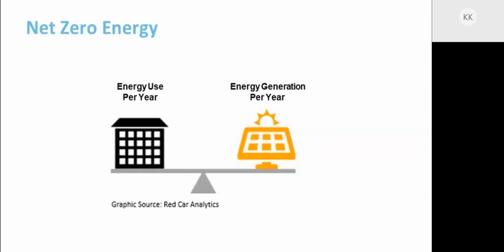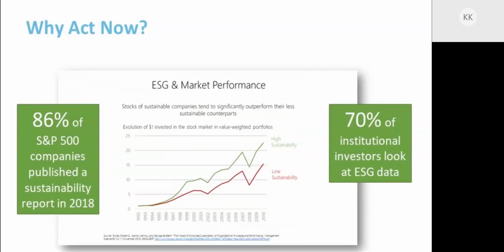I want to first, though, really dig into why act now. And I think there are multiple arguments here. For a long time, we've known that companies that pursue corporate sustainability, that pay attention to and eliminate waste in their processes, do better financially. There's really clear data that the companies with corporate sustainability programs outperform companies without them.